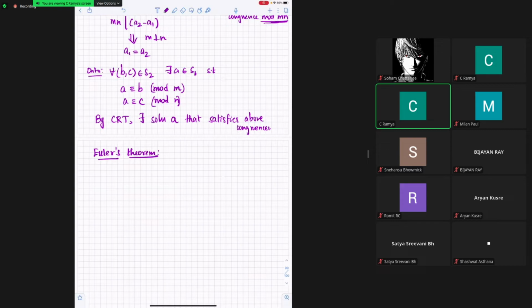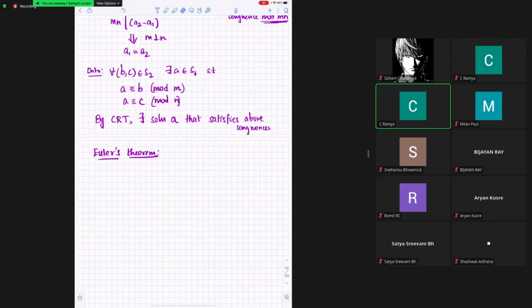For any prime p, we showed that a to the p minus 1 is congruent to 1 mod p. And at that point, we had asked this question: what if p is not prime? What are the conditions under which we can say that there exist solutions, something like a to the k is congruent to 1 mod n? Something similar to Fermat's theorem, but in the case of composite numbers.